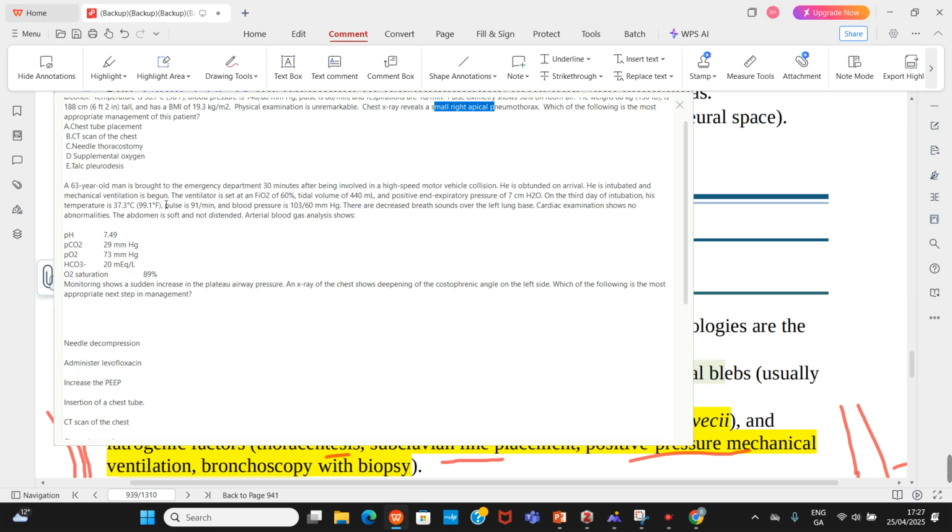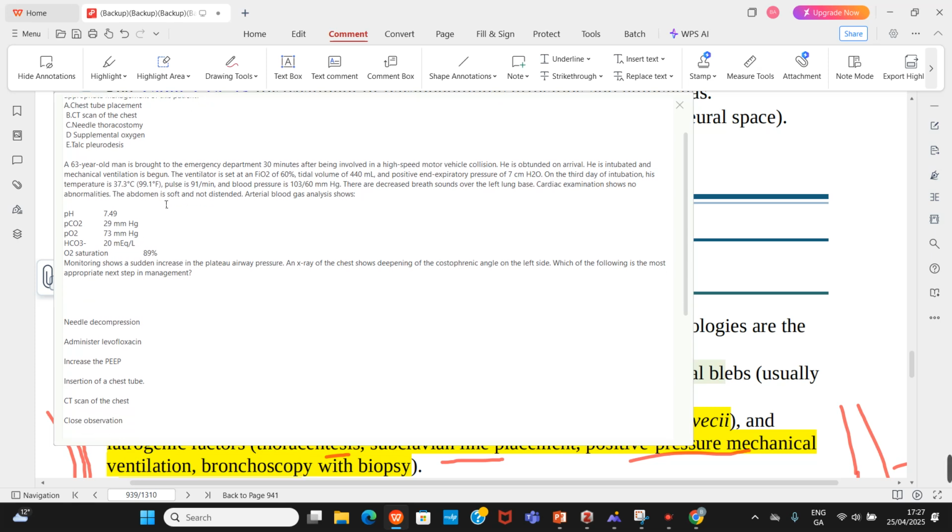A 63-year-old man is brought to the emergency department 30 minutes after being involved in a high-speed motor vehicle collision. He is obtunded on arrival, intubated and mechanically ventilated. The ventilator is set at FiO2 of 60, tidal volume of 440, PEEP of 7. On the third day of intubation, temperature is 37.3, pulse is 91, blood pressure is 103.